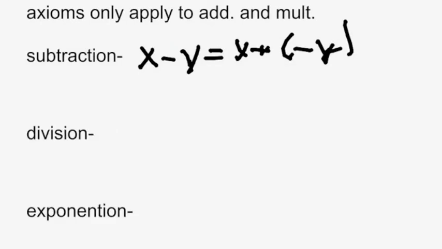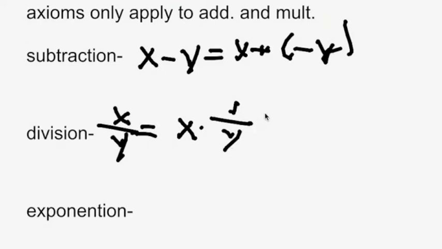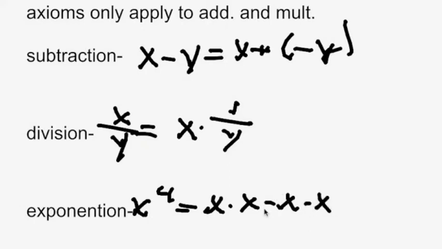Likewise, division and exponentiation have to be rewritten as multiplication. Division, x over y, can be written as x times 1 over y, making it multiplication. And exponentiation, x to the fourth, is the same as x times x times x times x, making it multiplication again.